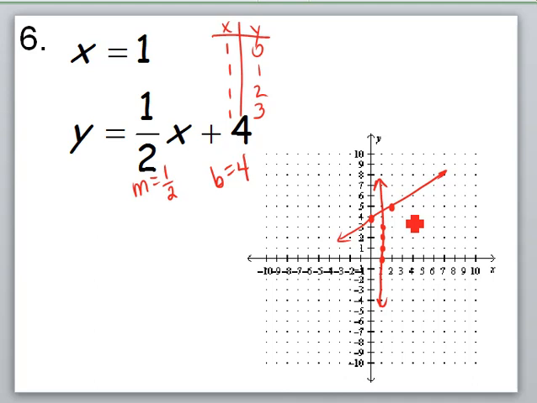I'm not typically going to give you problems like this for graphing. We'll deal with more of the fraction type answers with the other types of ways we're going to solve, because with graphing, it's hard to see otherwise. I can see that it's basically going between 4 and 5 though, so I'm going to say this intersection is 1, 4.5.